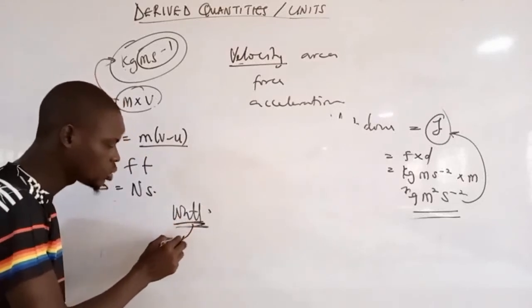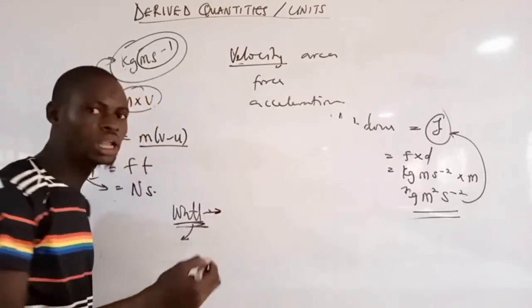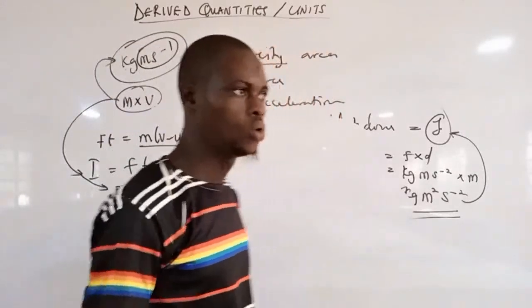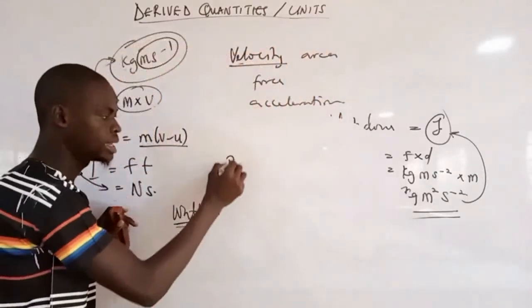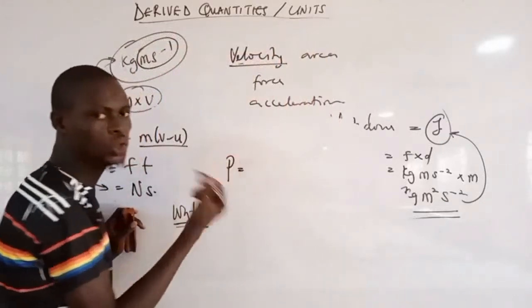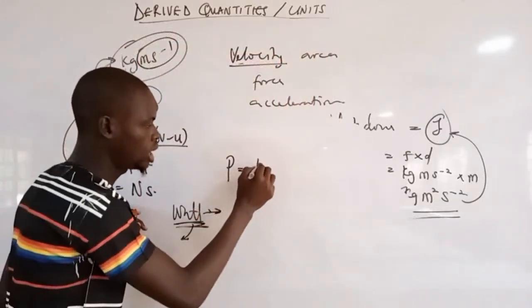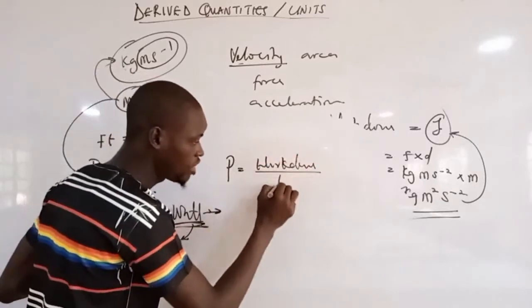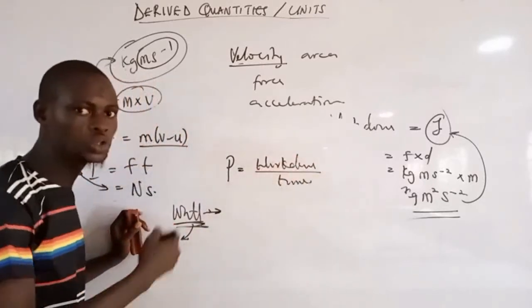The first thing is, what is the formula, or let me say the units, of power. Now, do you know that power itself is equal to work done by a body, all over the time taken to do the work?